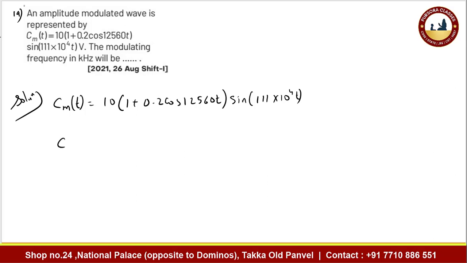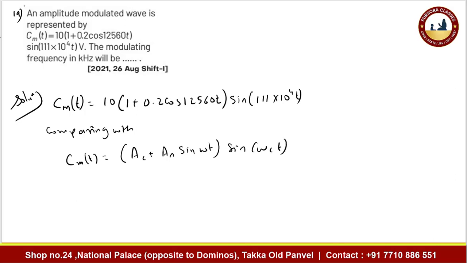So if we compare with (AC plus AM sin omega_m t) sin omega_c t, we have omega_m as 12560 radians per second.